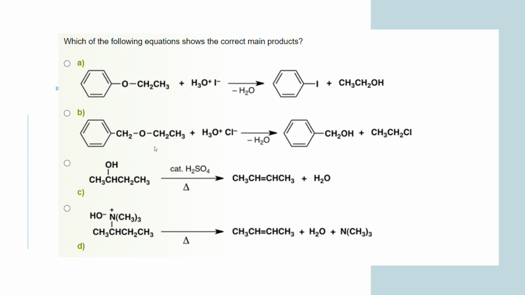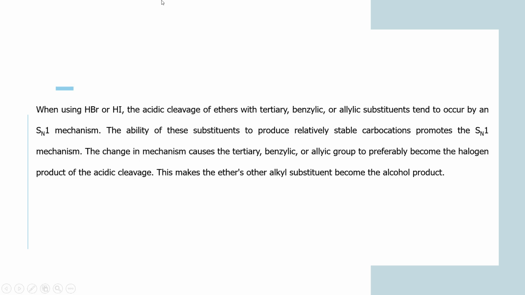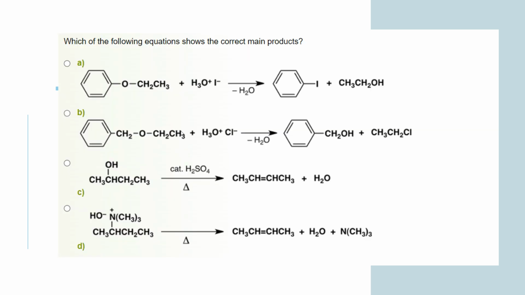If you want to know how we eliminated options A and B and how we did this ether cleavage, you can go through the descriptions, where it is written how usually ether cleavage reactions follow the SN1 mechanism and in which special cases you get SN2 substitution. This is the explanation which I have already explained to you. After eliminating options A and B, we are left with options C and D.